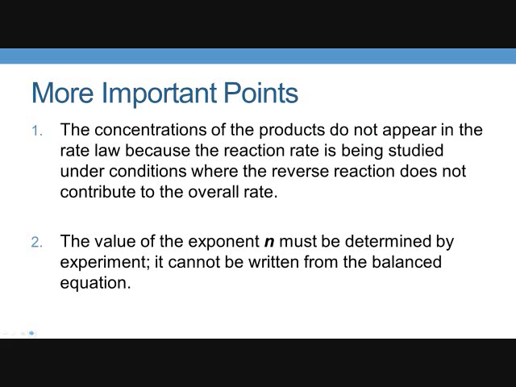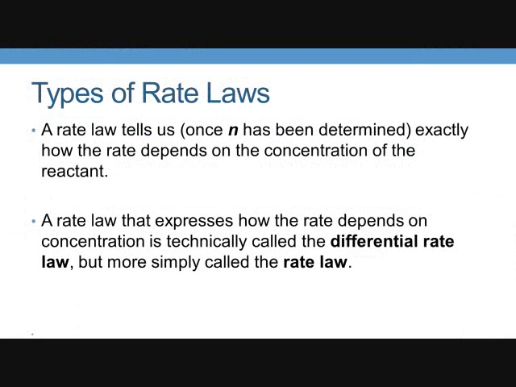It's a good guess, but if you have experimental data, then you need to solve for it from that. A rate law tells us exactly how the rate depends on the concentration of the reactant. So when we have the rate law, we can technically call it the differential rate law, but we simply call it the rate law, and that's when it depends on the concentration.